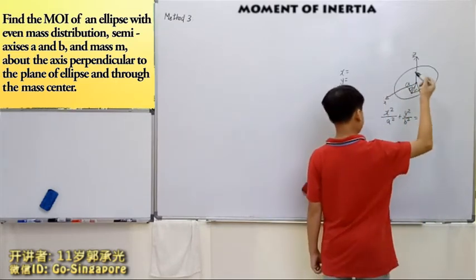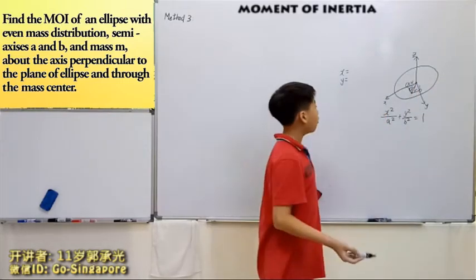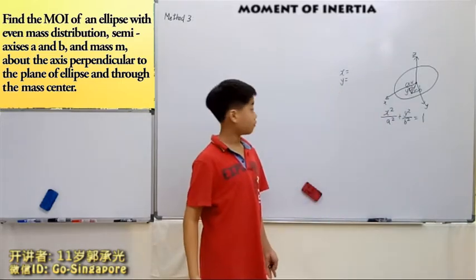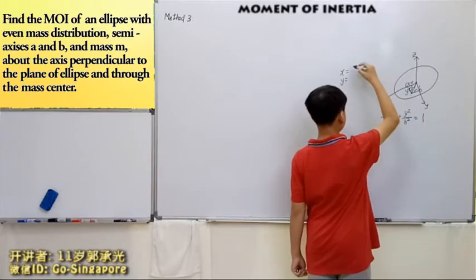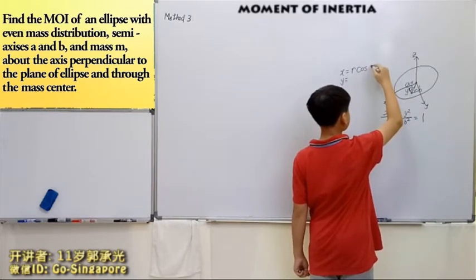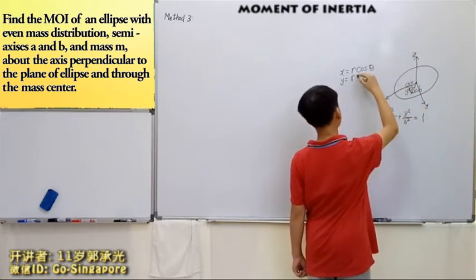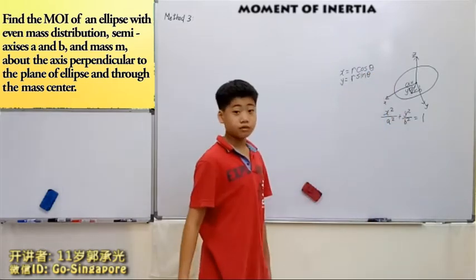For example, x, we can look at this part. Y, we can look at this part. X is a cosine, so it's r cosine theta. Then y would be r sine theta. Right?